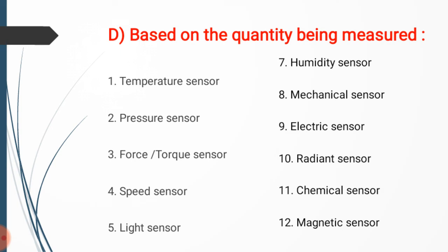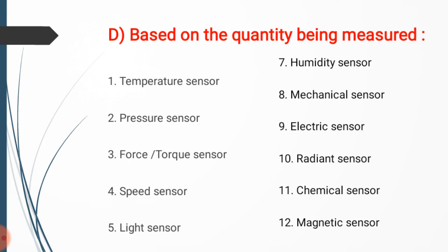Next is the radiant sensor. Radiant sensors are generally used for measurement of the temperature of objects present far away from us. Suppose we want to measure the temperature of the sun, and the sun is far away from us; for that the radiant sensors are used.